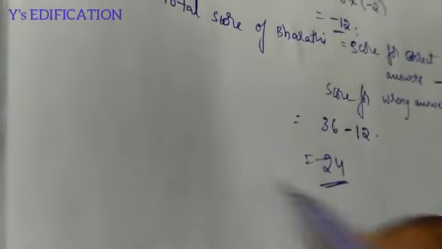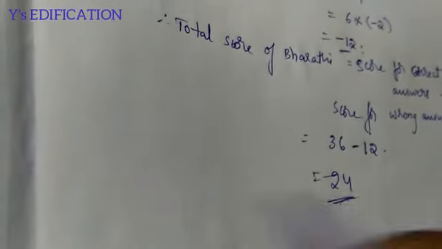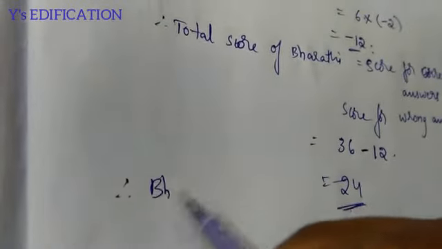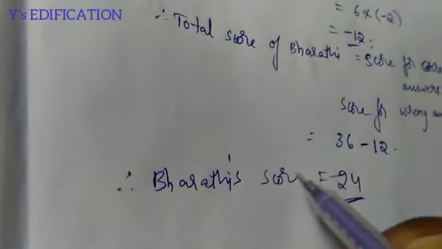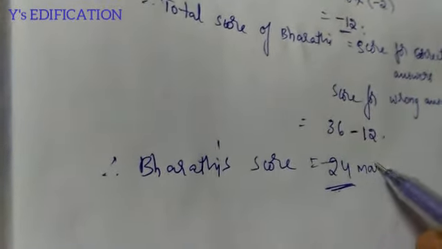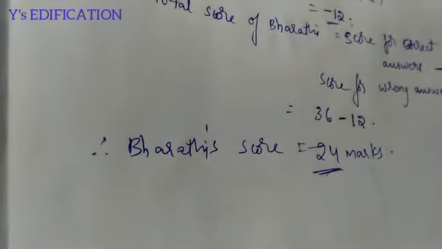So out of 60 marks, Bharti scored only 24. Therefore, Bharti's score is 24 marks.